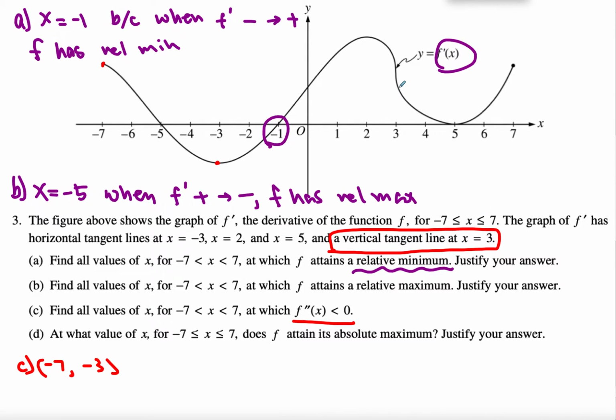That means when x equals 3, there's no first derivative. The first derivative is undefined. So you have to realize that when the first derivative doesn't exist, the second derivative cannot exist either.